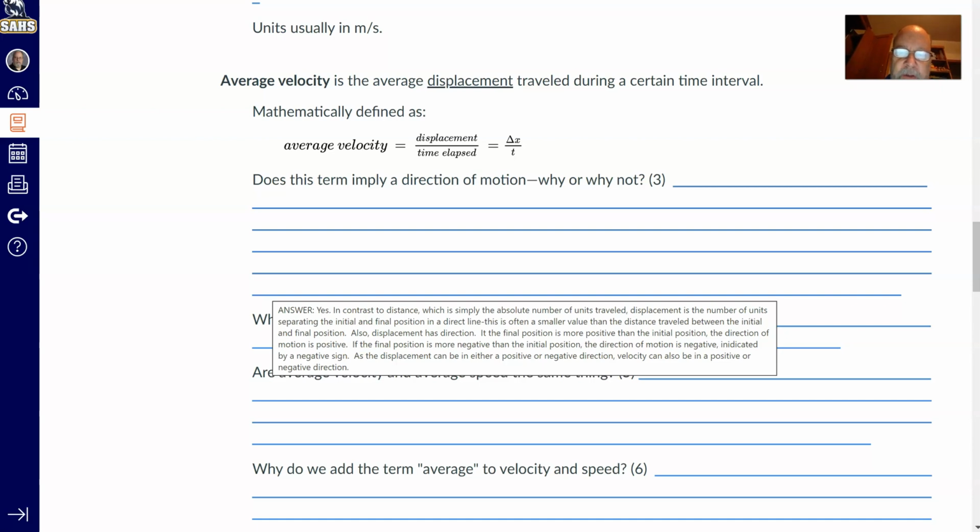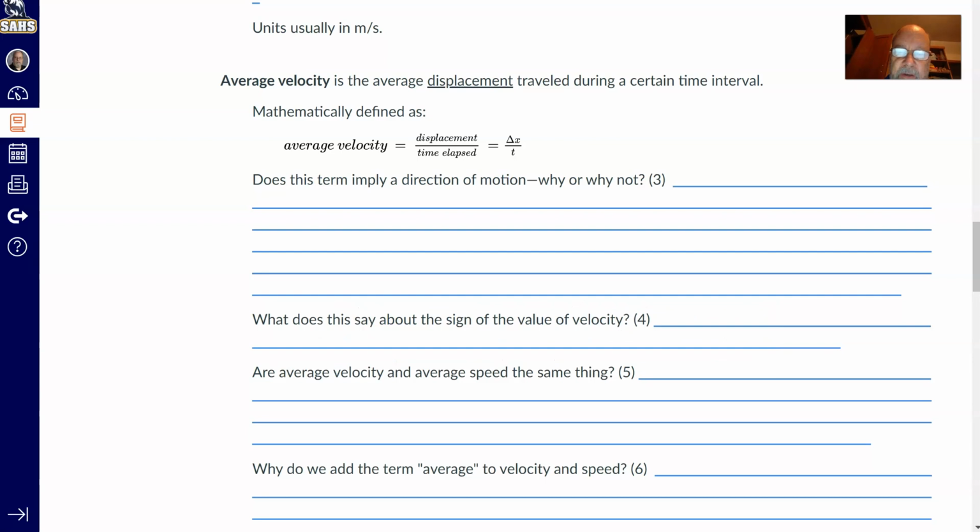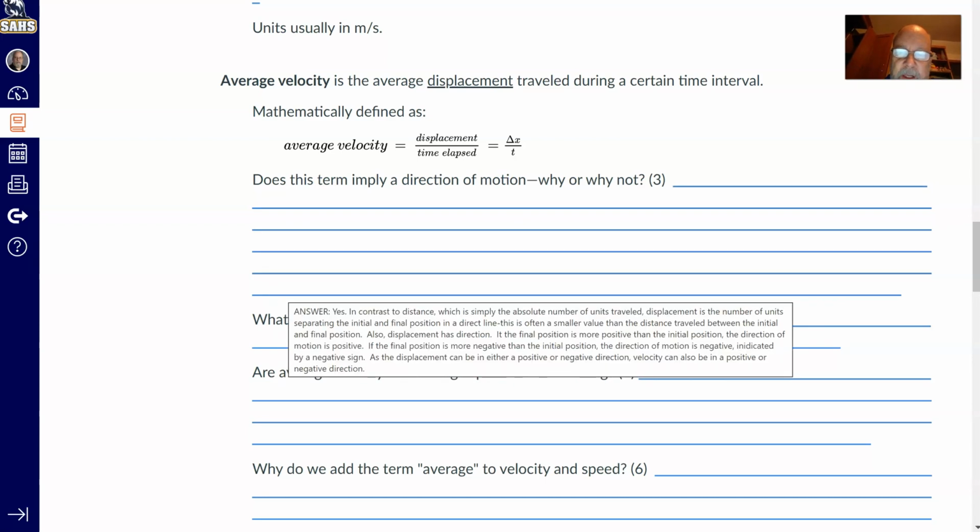If the final position is more positive than the initial position, the direction of motion is positive. If the final position is more negative than the initial position, the direction of motion is negative, indicated by a negative sign. As the displacement can either be in a positive or negative direction, velocity can also be in a positive or negative direction.